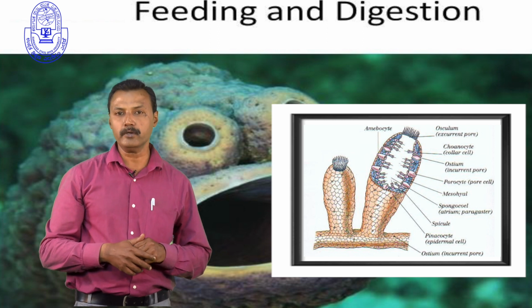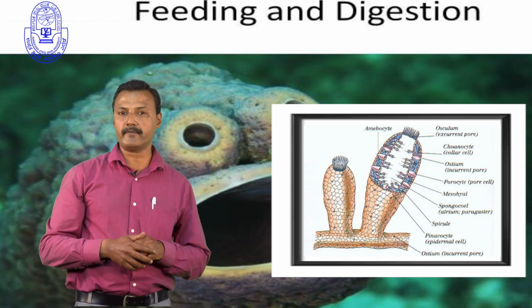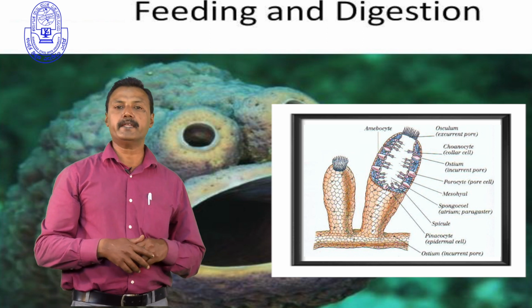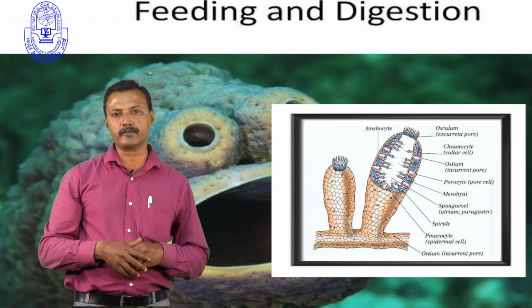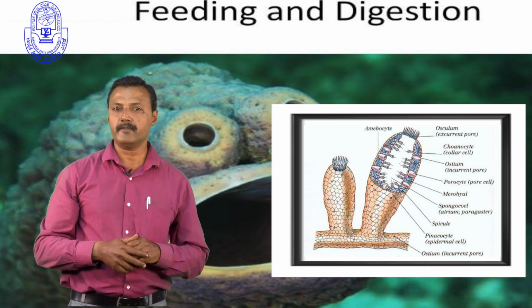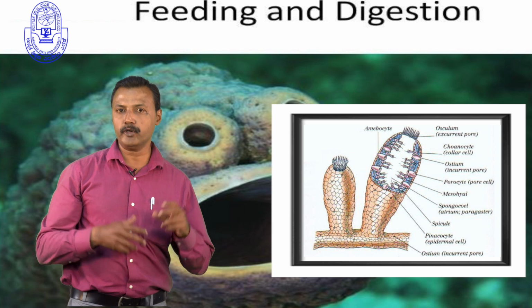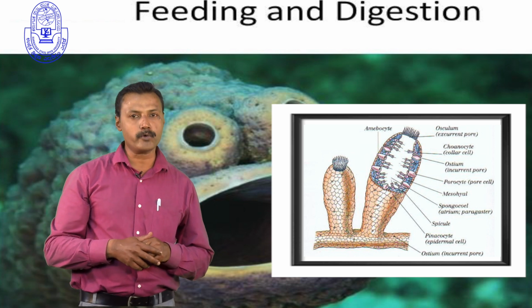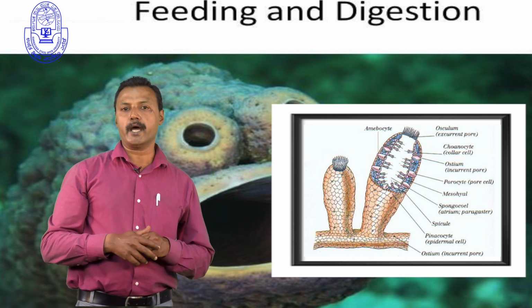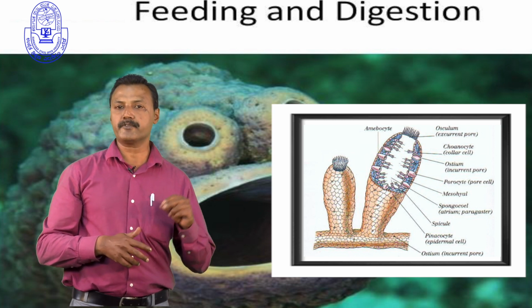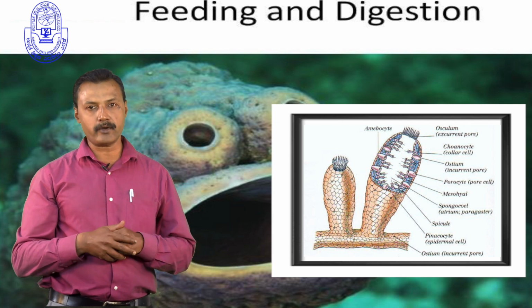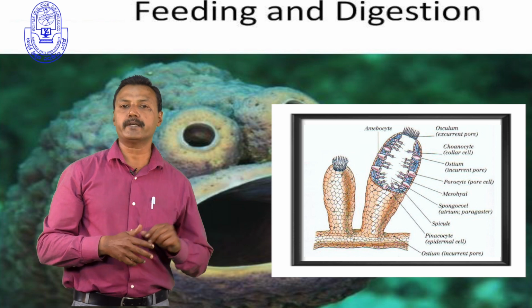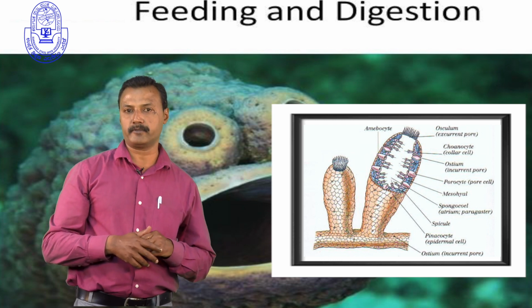So it is known that these choanocytes have certain important digestive enzymes where they digest a large amount of the particles present within the food materials. Then these amoebocytes transport the stored food particles in the form of glycogen and also in the form of proteins to the various parts of the body.